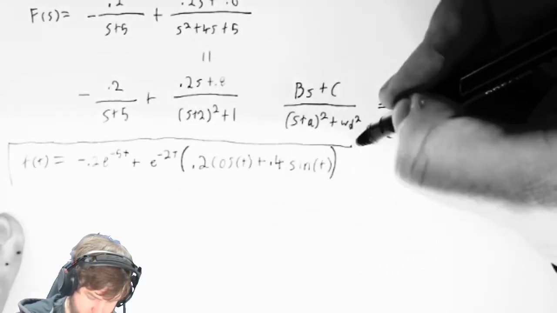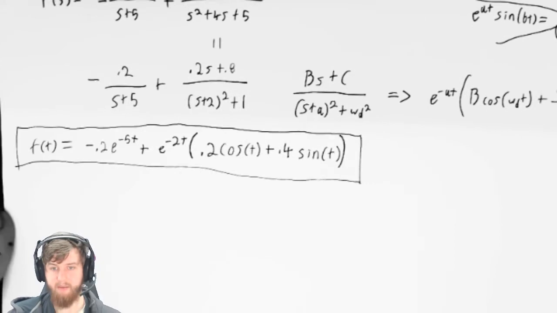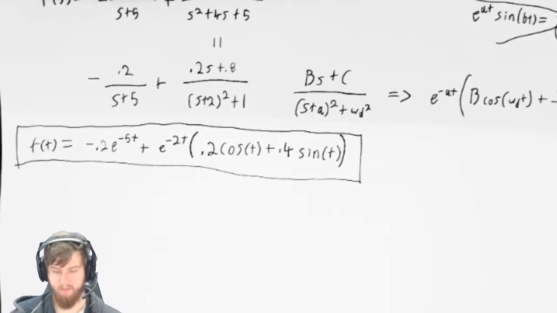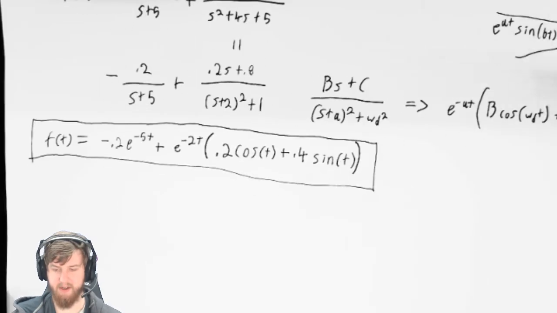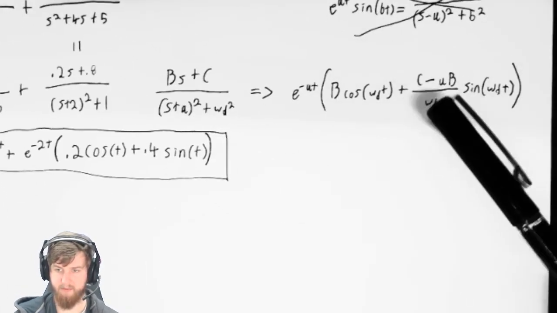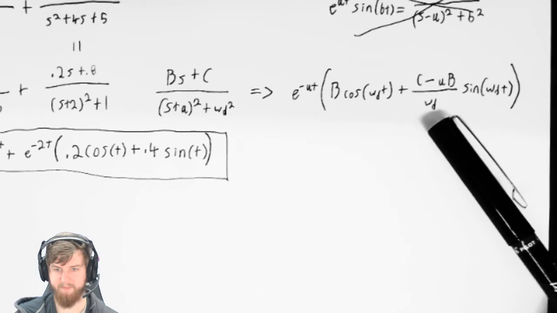So this is our equation here. A little bit hairy, but not too bad. Once you get used to using this identity a few times, it's not that bad.